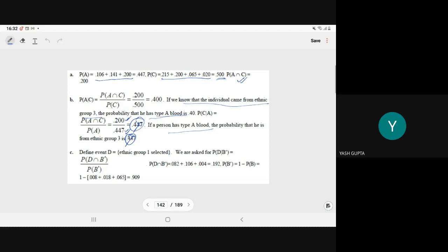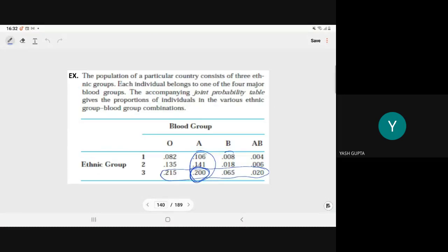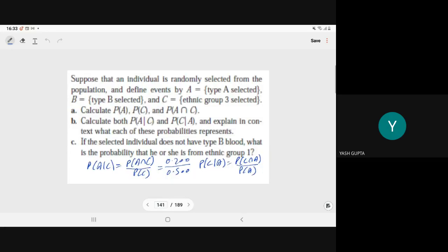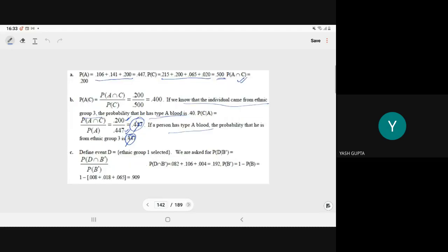Here, probability of D intersection B dash means a person belongs to ethnic group 1 having not blood group B. It will become 0.082 plus 0.106 plus 0.004. So that will give you the person belonging to ethnic group 1 having no B blood group.